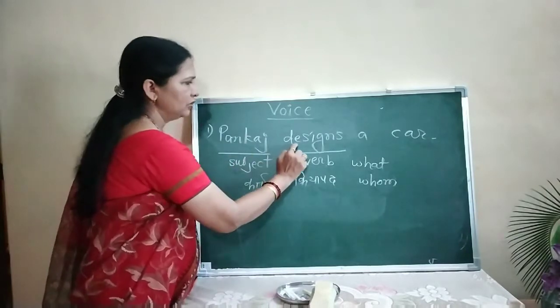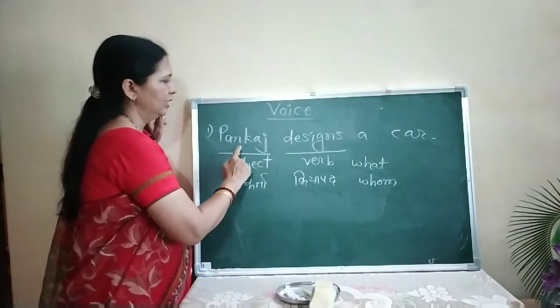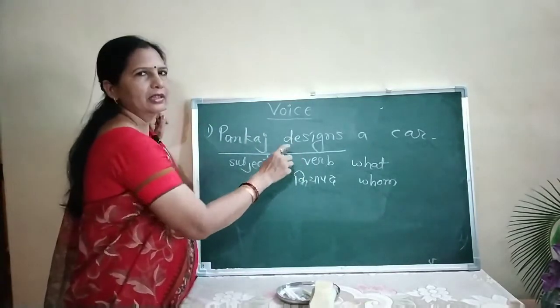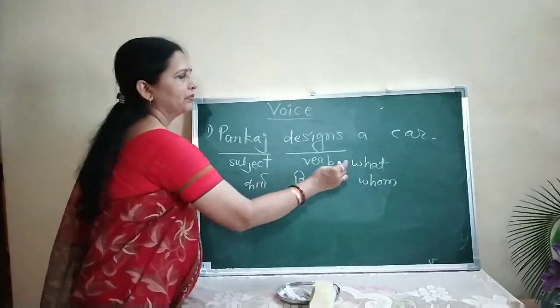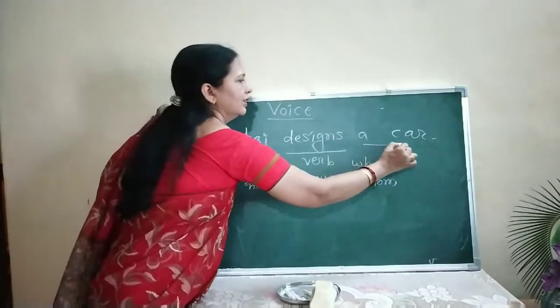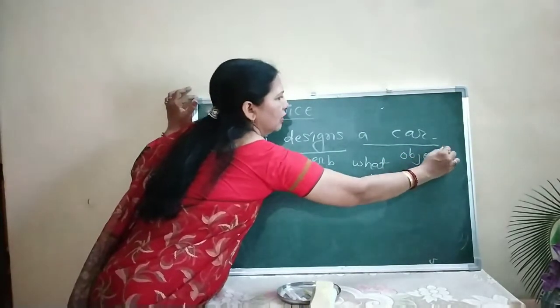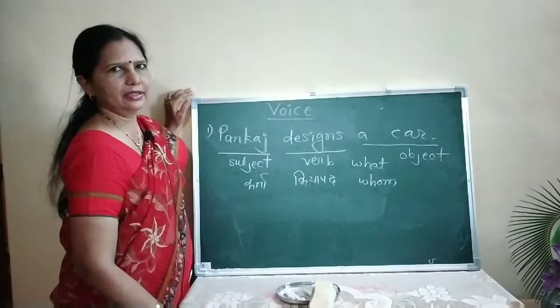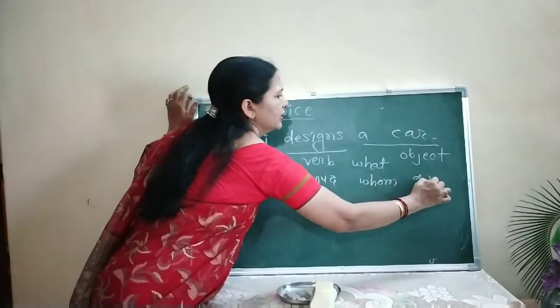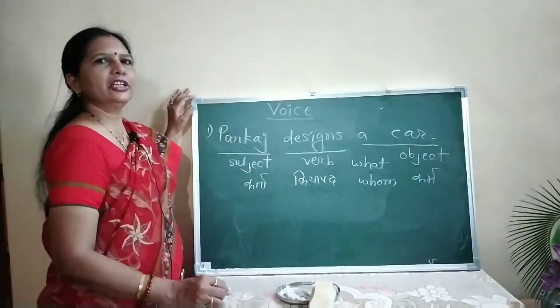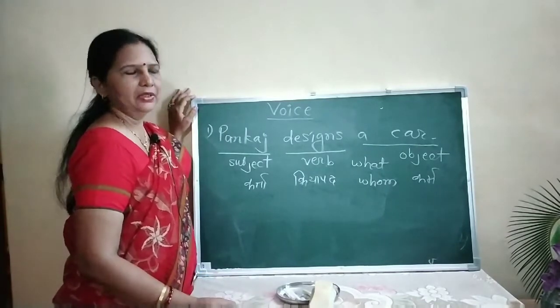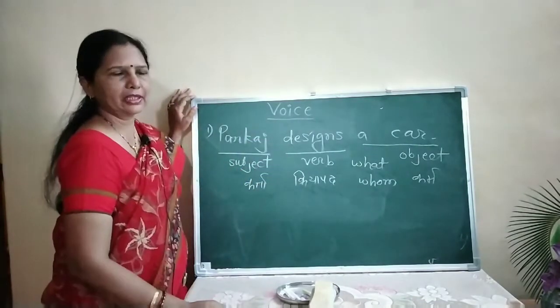Now here ask the question to this designs. Pankaj designs what? Answer is a car. So a car is the object in this sentence. We call it कर्म. मराठीत जे कर्तरी कर्मणी प्रयोग आहे त्यालाच इंग्लिश मध्ये व्हॉइस म्हणतात.